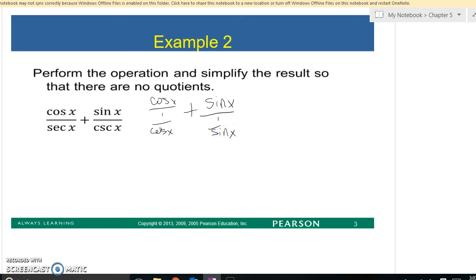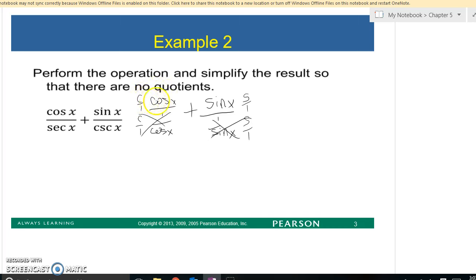In order to cancel those out, we would need to multiply by the reciprocal of the denominator. So I'm going to multiply by cosine over 1, cosine over 1. Over here I'm going to multiply by sine over 1, sine over 1. So the nice thing is that the denominators completely cancel, which is what we wanted. We wanted to take care of the denominator as much as possible.